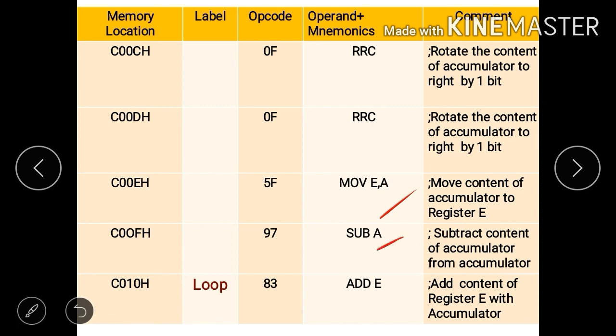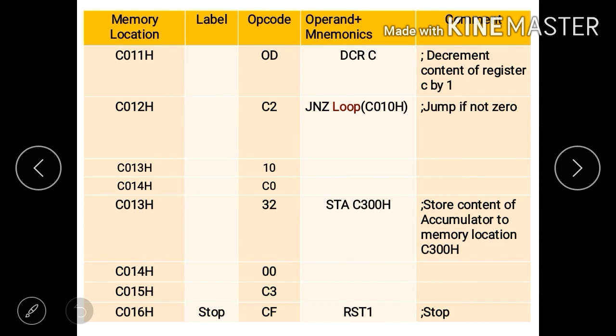Next is SUB A. Subtract content of accumulator from accumulator. By using this instruction, we are clearing the content of the accumulator. This is a 1-byte instruction. ADD E. We are adding the content of register E with the content of the accumulator. The next instruction is DCR C. Decrement content of register C by 1.